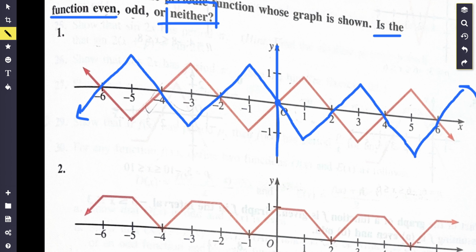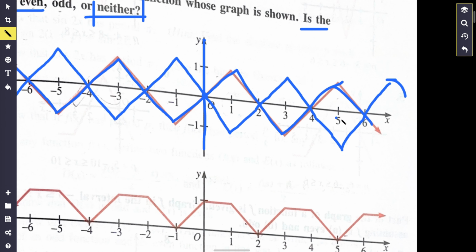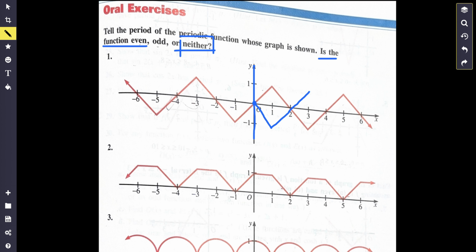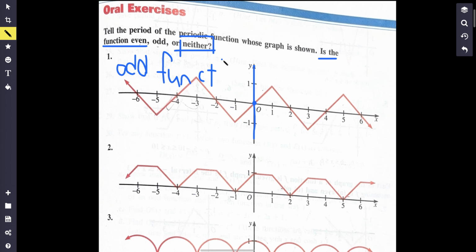And if I were to reflect this across the x-axis, then the function would look like this. And you'll notice how it matches our original function. Therefore, this is an odd function, because if we reflected it across the x-axis and then the y-axis, it would map back onto itself.